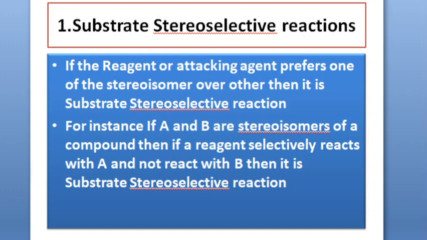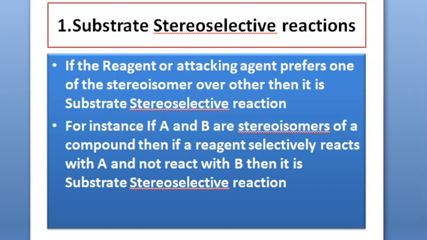And here again you should have two stereoisomers as reactants, and one of the stereoisomers is preferred and another is not preferred by your attacking reagent or catalyst, or maybe because of solvent.